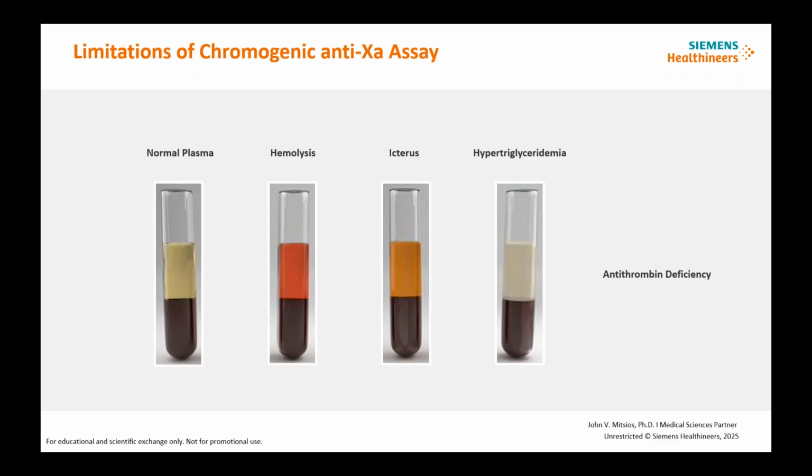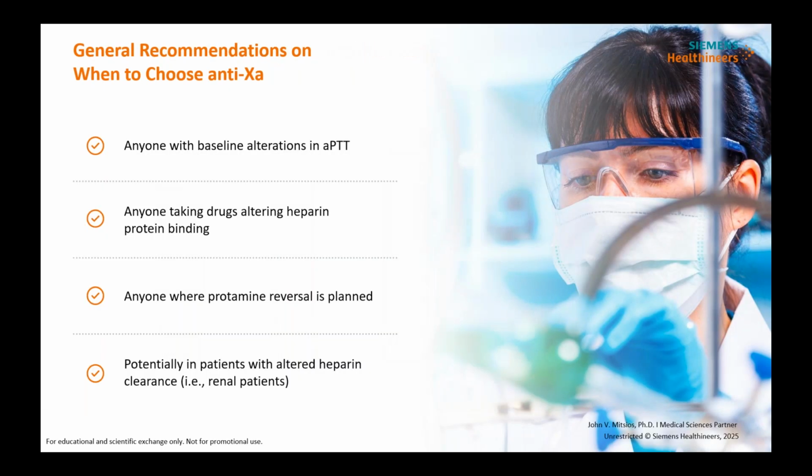So one of the things that we would want to think about is, we may want to measure antithrombin in this patient to ensure that the antithrombin values are where they need to be in order to facilitate the proper anticoagulant effects of heparin, excuse me. So some general recommendations for when you would want to choose the anti-10A versus the PTT is anyone that has any baseline alterations in your PTT, right?